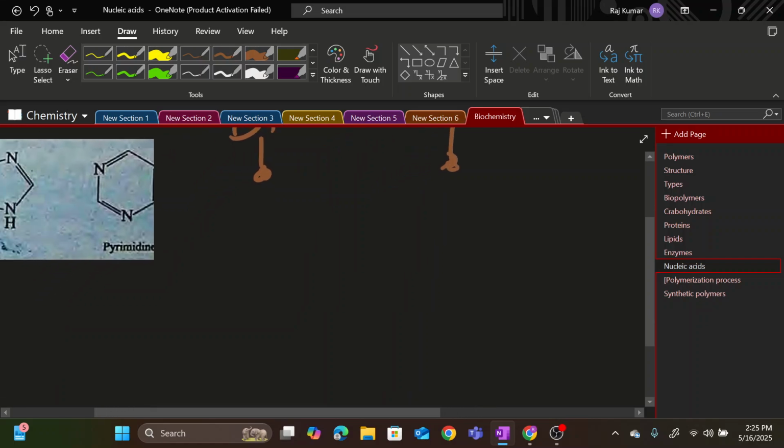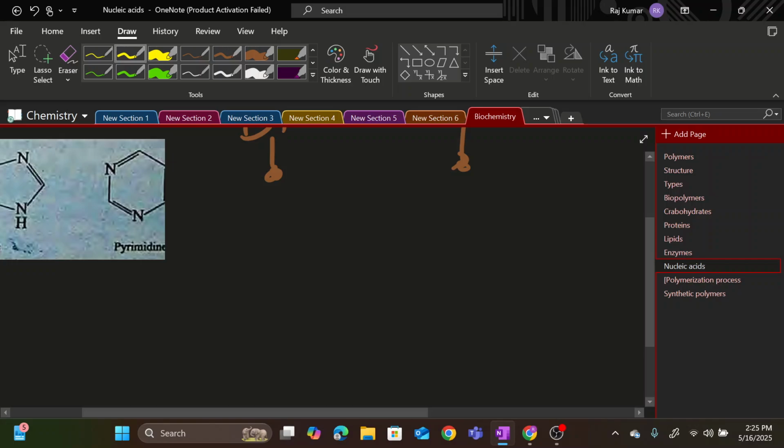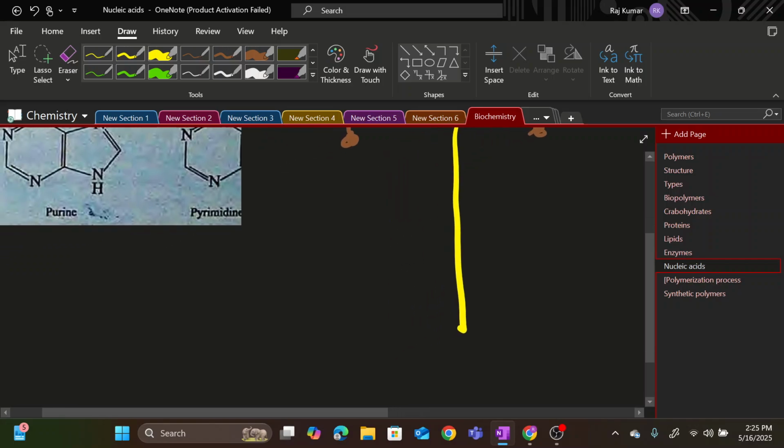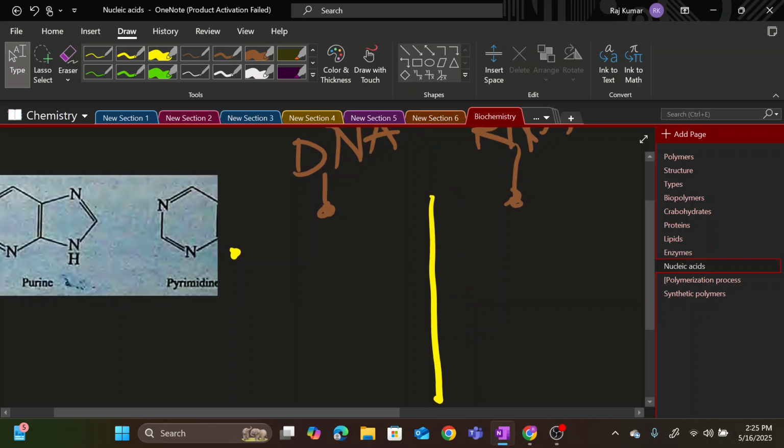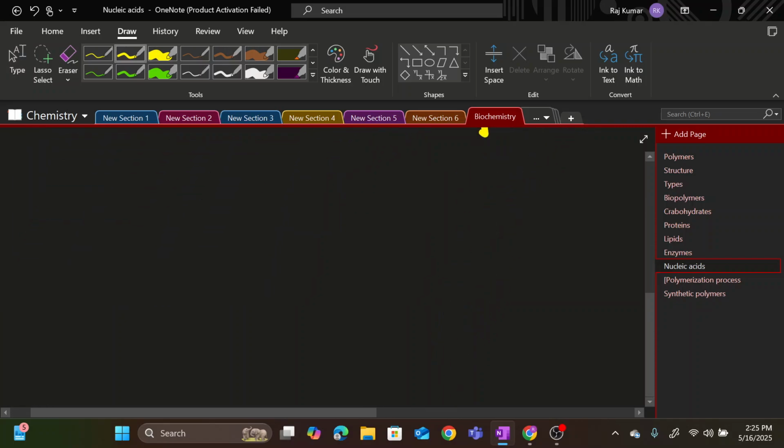There are a few differences between DNA and RNA. First, the basic structure is like this. There is a ribose sugar.